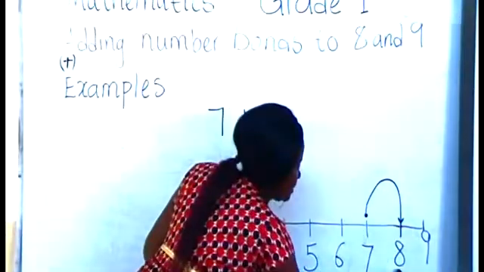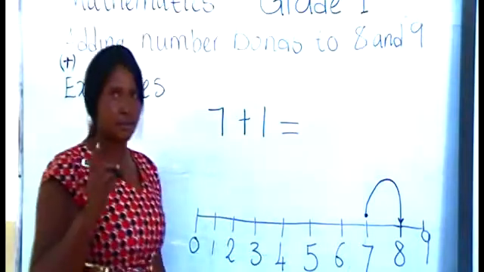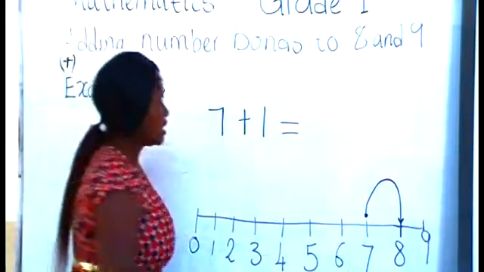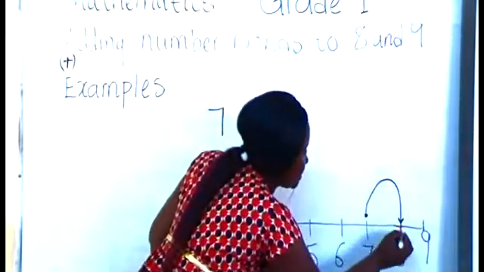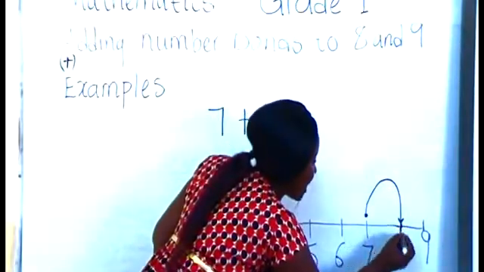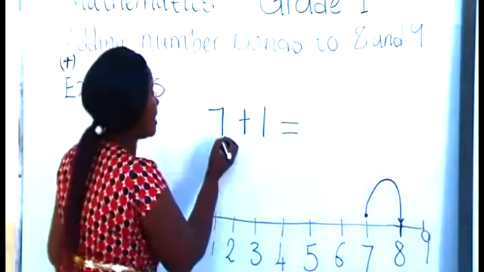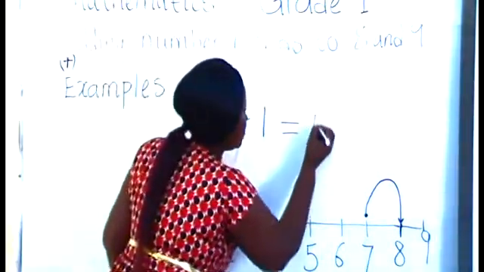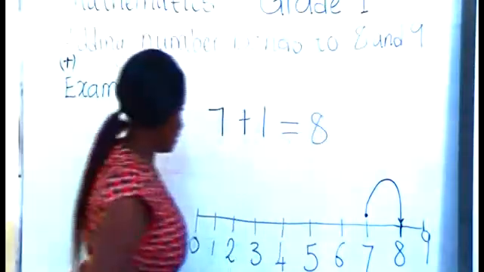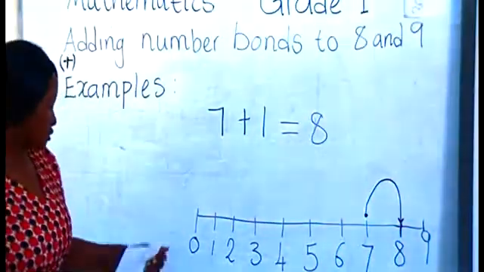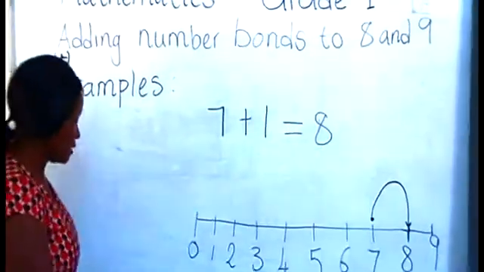Where you land, that is the answer. We moved one hop from 7 going forward, and we landed at number 8. So 7 plus 1 is 8. This is the way you use the number line.